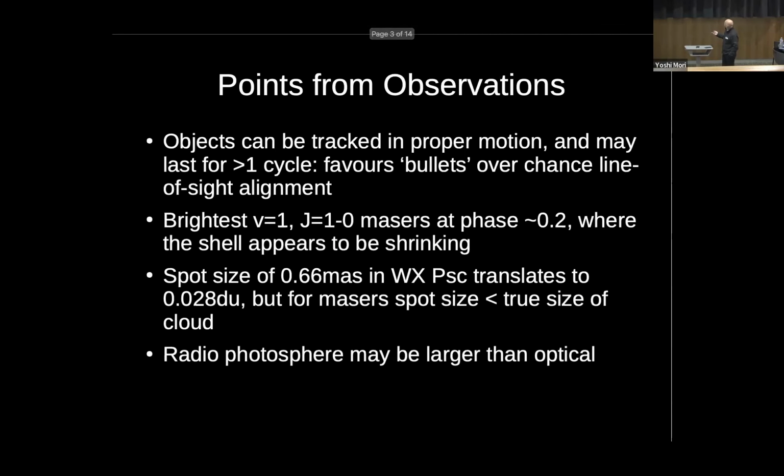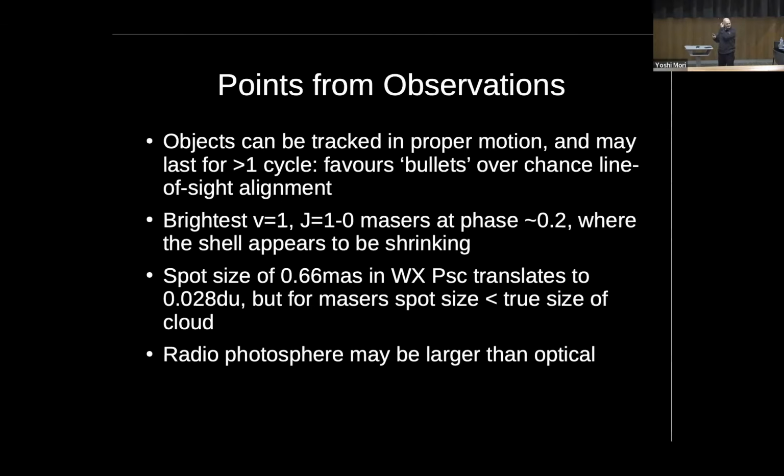So going on, the assumptions here are that the objects can be tracked in some observations over more than one cycle. So that favors a bullet or cloud model over chance line alignments in the line of sight.